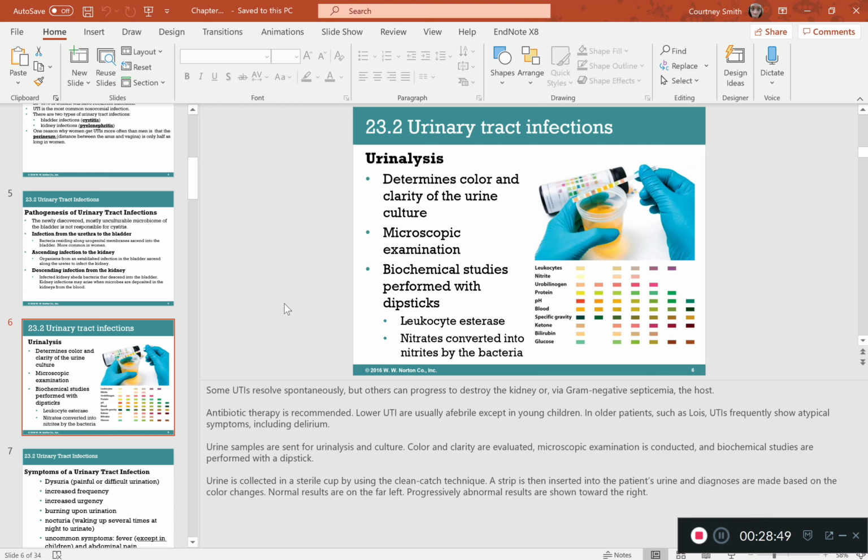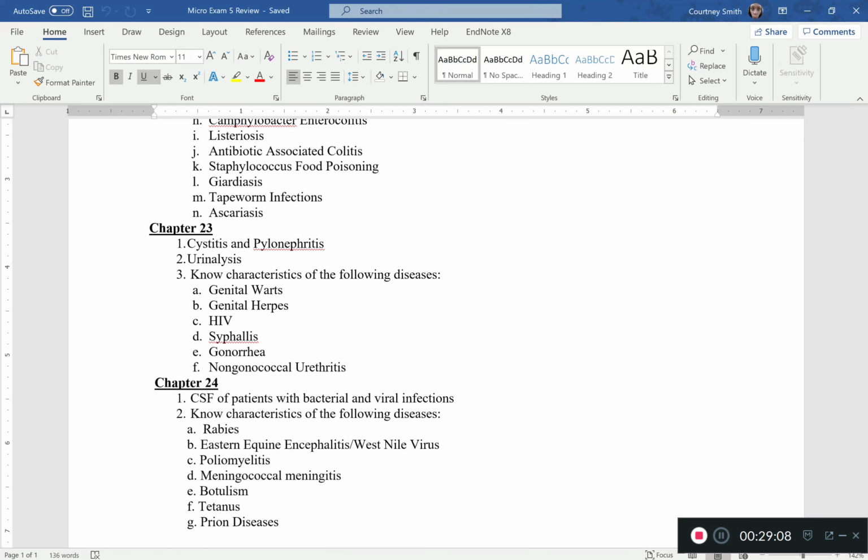But with a urine analysis, I want you just to be able to tell me, based off of these results, what is normal, and from that, can you determine if there is bacteria present or not present? Pretty much it.